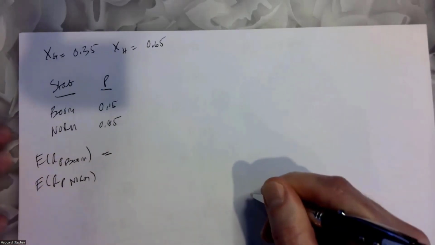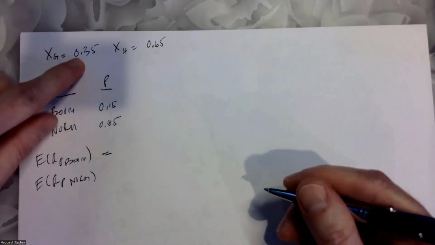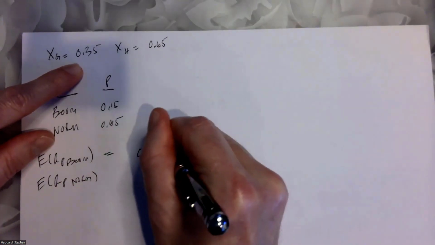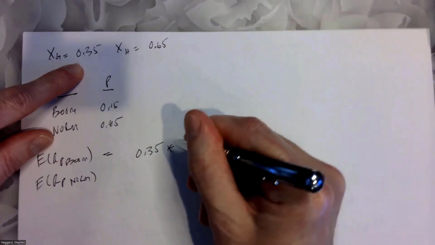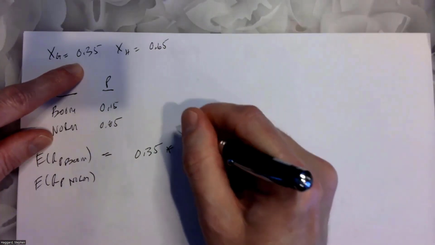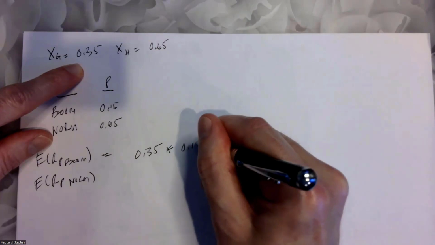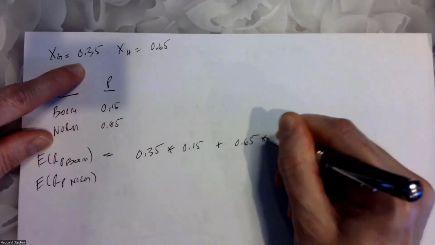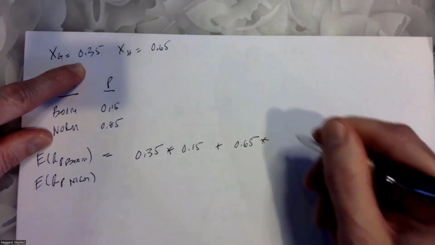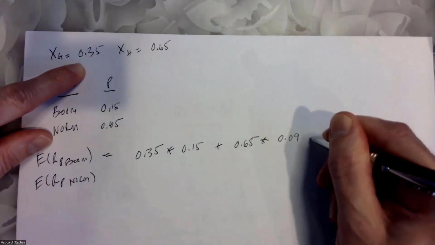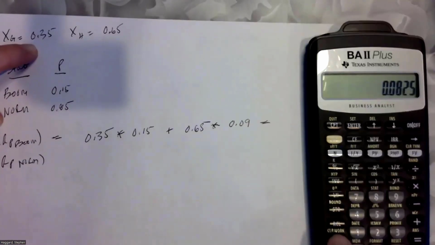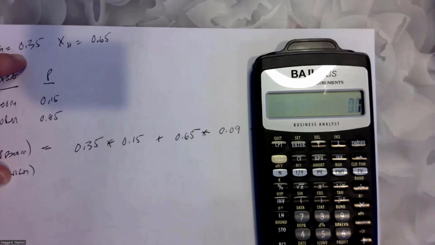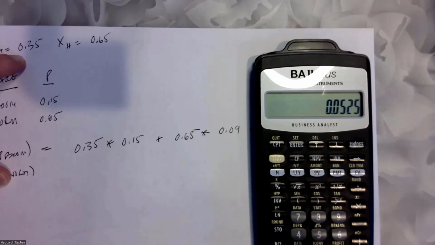So the way I'm going to go about this is by figuring out, we're going to have 0.35 times the return on stock G, which is 15% in boom time, so 0.15, plus 0.65, that's the weight on H, times the return on H, assuming a boom occurs, which is 0.09. So I'm going to go ahead and do that math. 0.35 times 0.15 equals 0.0525.